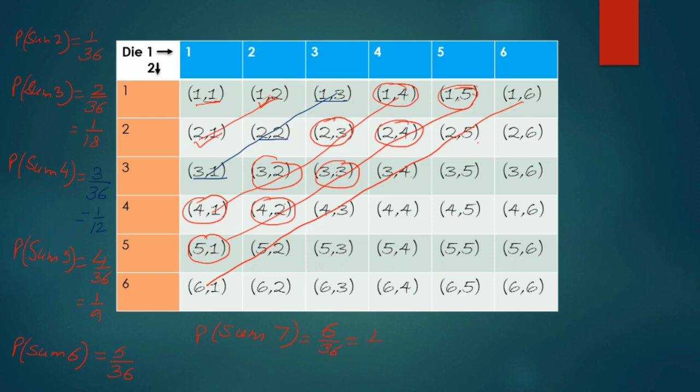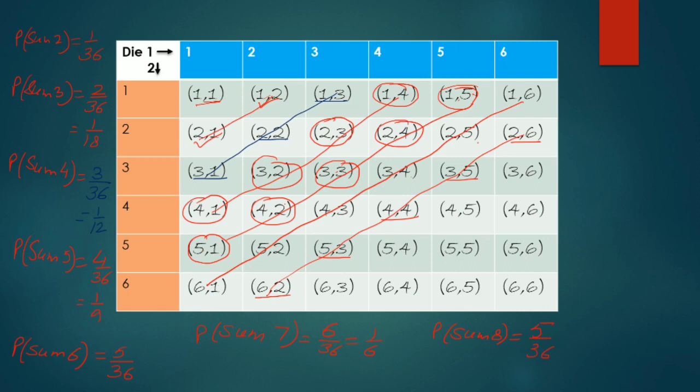On simplifying we get 1 by 6. Now the probability of sum as 8: 2 plus 6, 3 plus 5, 4 plus 4, 5 plus 3 and 6 plus 2. So the total number of outcomes is 5, so the probability of getting sum as 8 is 5 by 36.